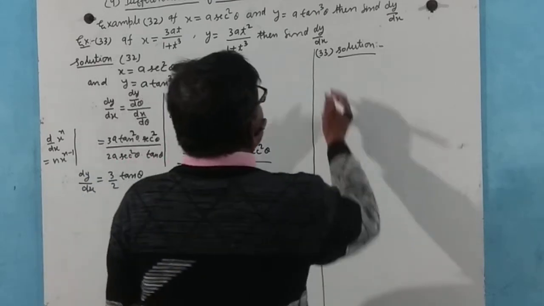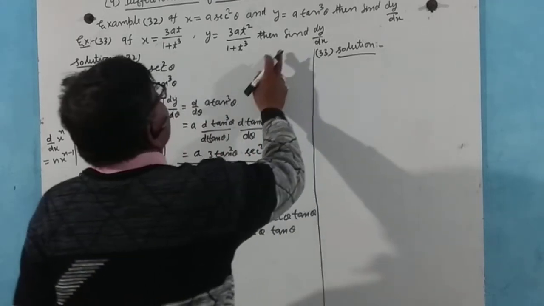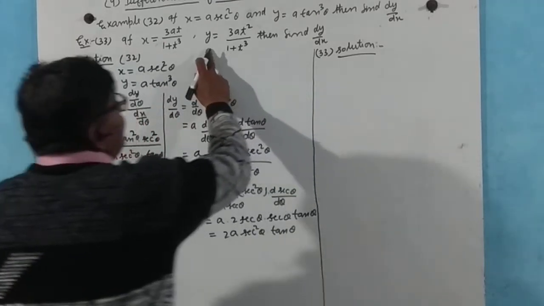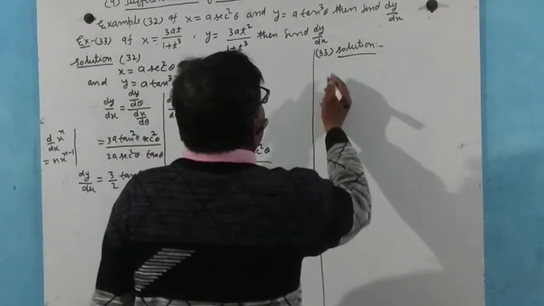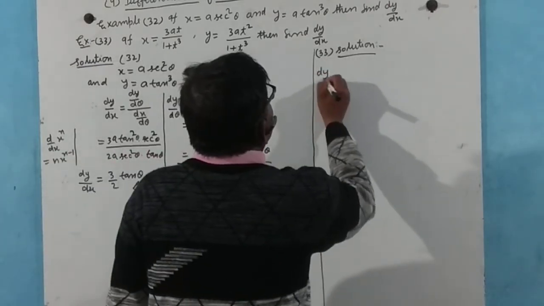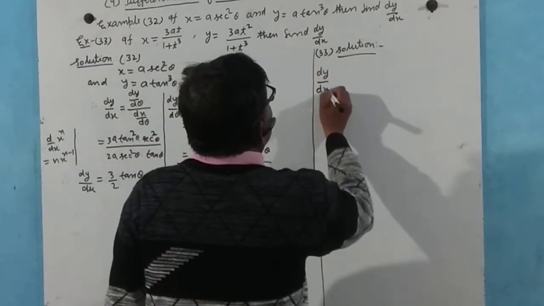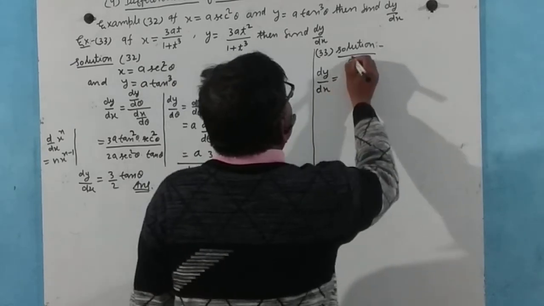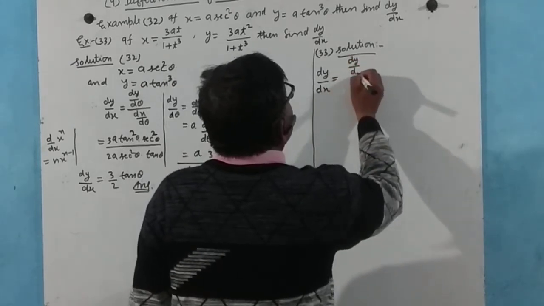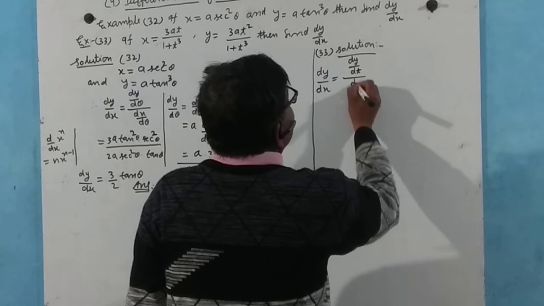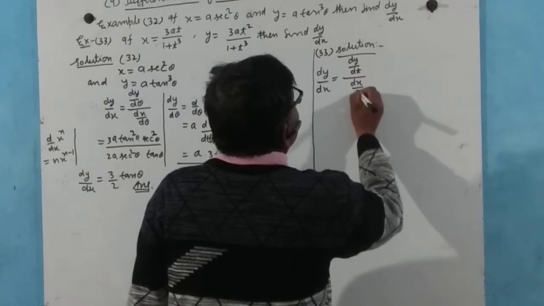In this case t is the parameter, so dy by dx equals dy by dt divided by dx by dt.